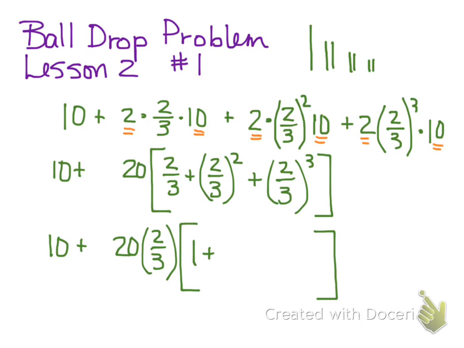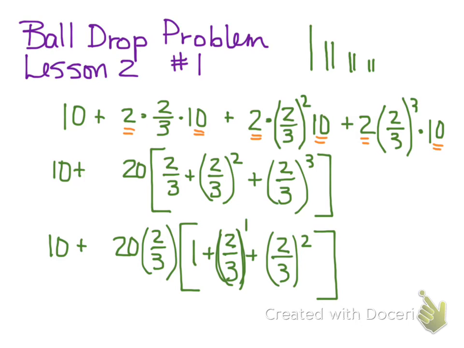So there's the 1, and then with each term that comes after it, we're going to notice that the exponent is lowered by 1. So instead of squared here, we have to the first power, and I can actually even put that in. This would be to the first power right there. And in the next term, it's going to be squared.